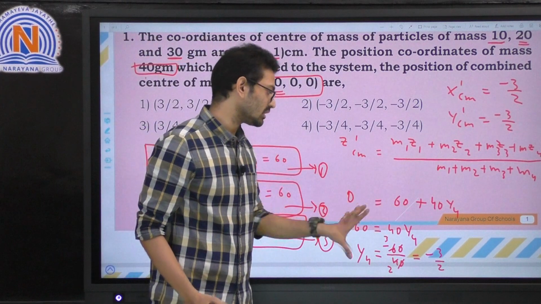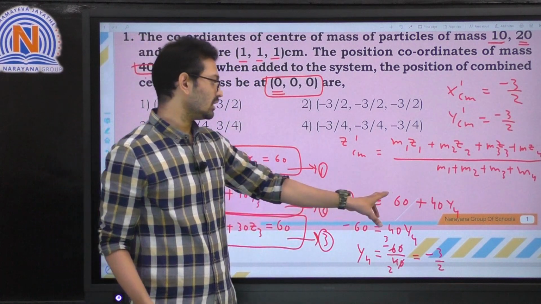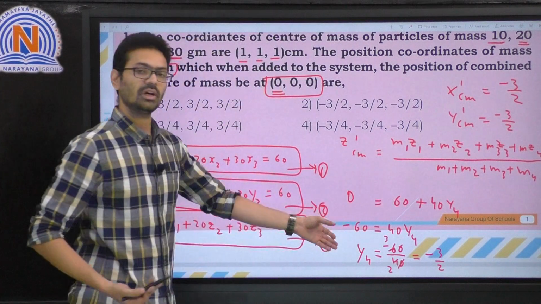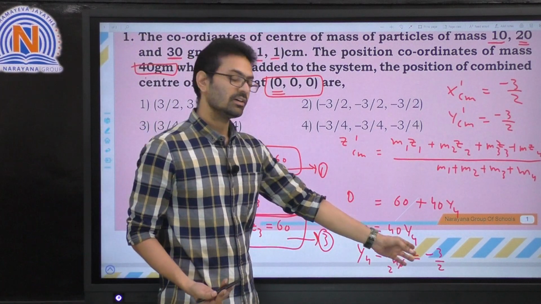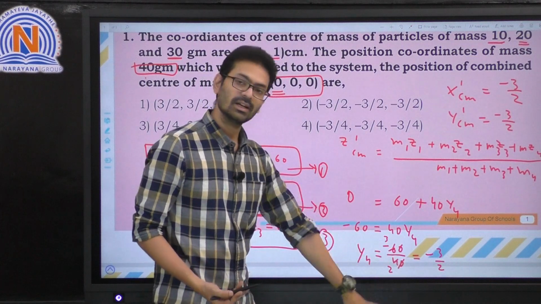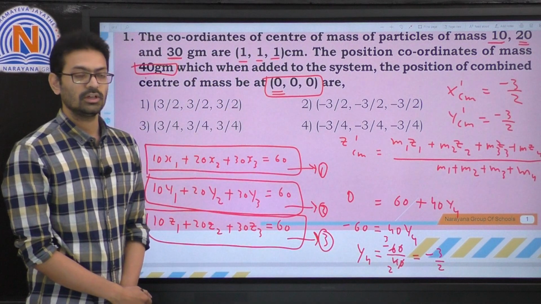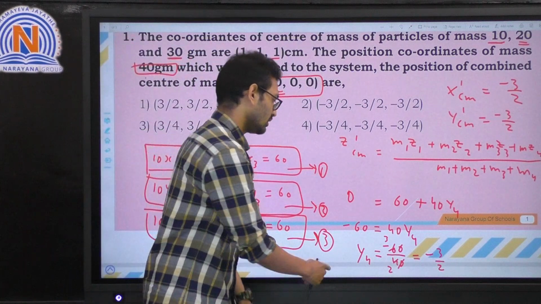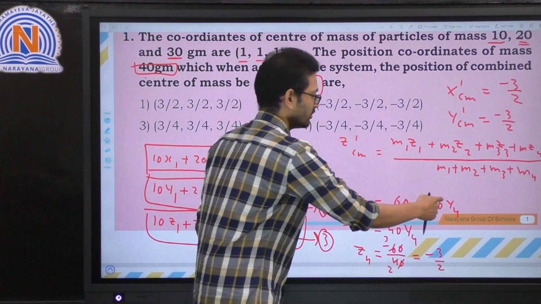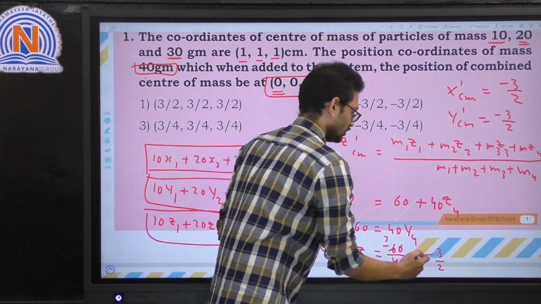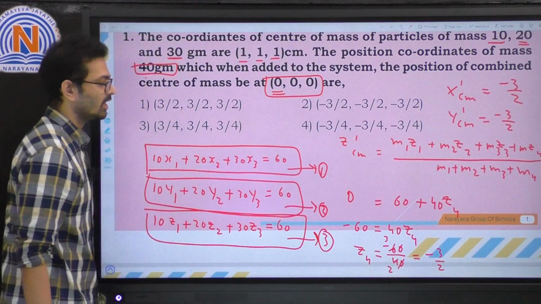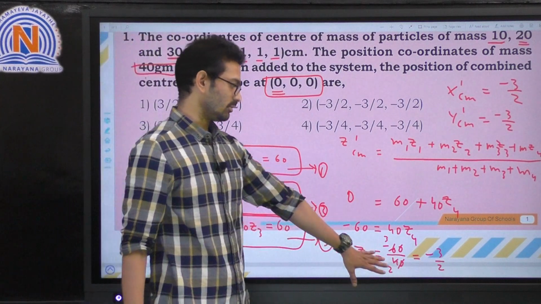So we'll substitute that as 60, and 60 plus 40 z4 is nothing but, if you send that 60, minus 60 is equal to 40 z4. Now z4 is equal to 60 by 40, again it is minus 3 by 2. The same value you are going to get for z4, that is minus 3 by 2.